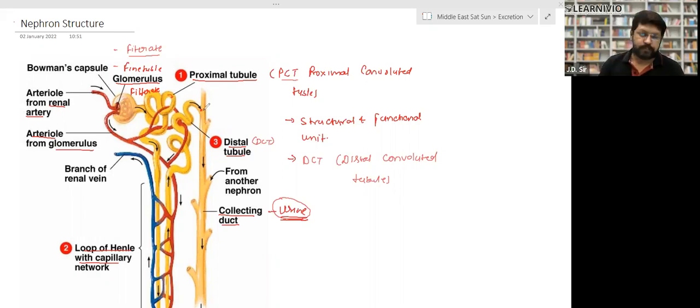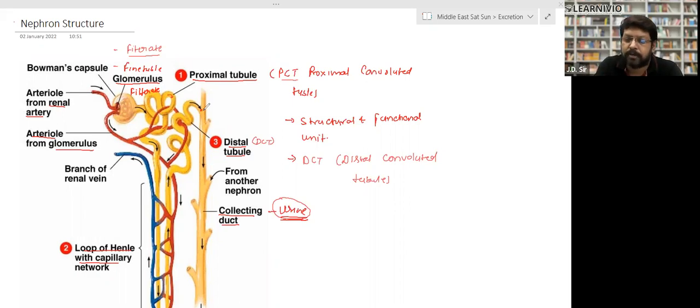So please start noting now. The excretory material collected by Bowman's capsule is known as filtrate. Full stop.